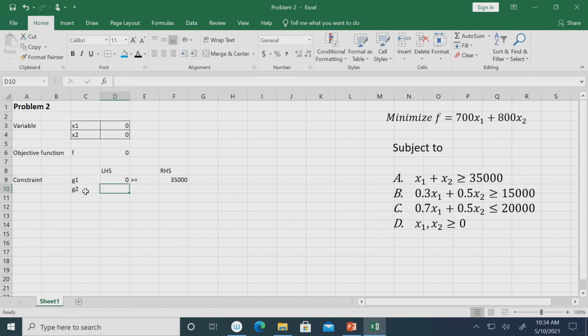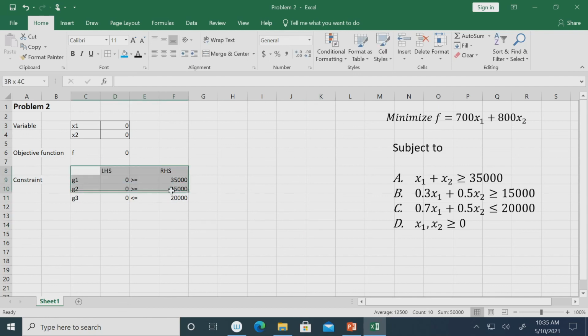Then z 2 equal to 0.3 star x 1 plus 0.5 star x 2, and this is greater than or equal to 15,000, and z 3 equal to 0.7 star x 1 plus 0.5 star x 2, and this is less than or equal to 20,000.